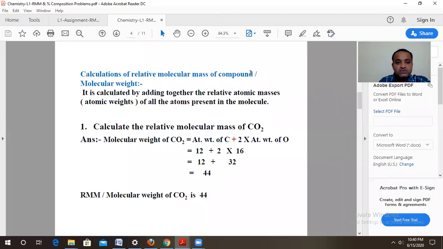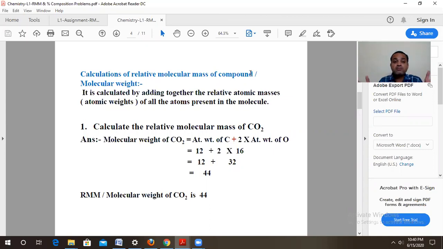Calculations of relative molecular mass of a compound. We are going to take out the mass of a molecule. And you know that a molecule is of a compound or a substance. So the relative molecular mass of a compound, that is the molecular weight, we are going to find out. How is it done?